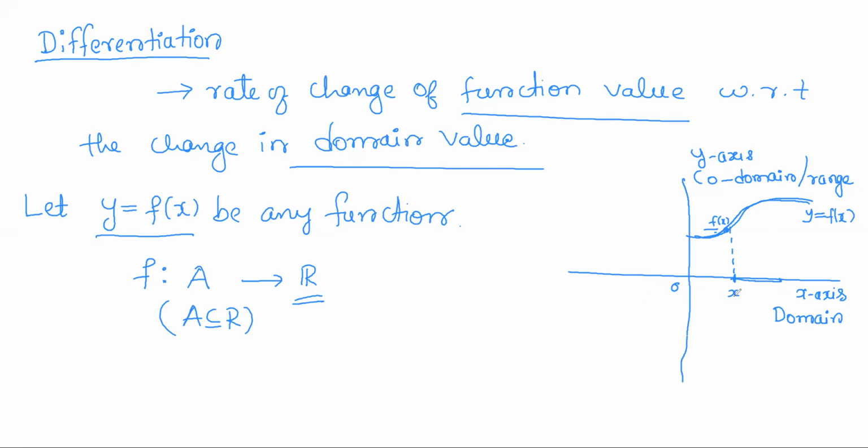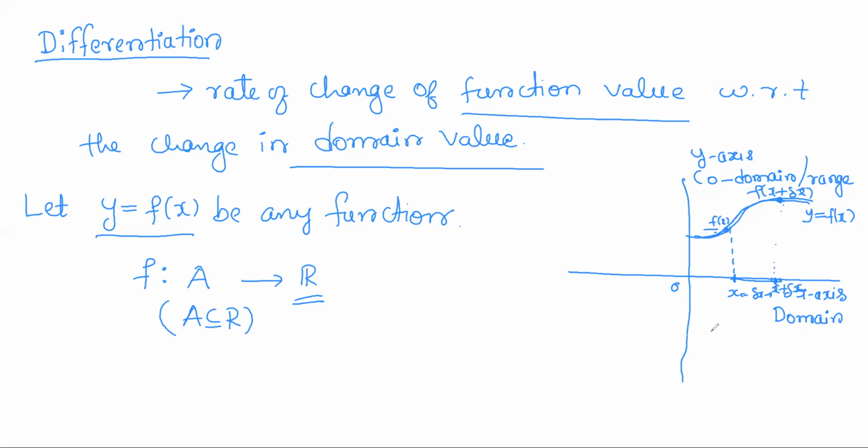So x is the initial domain value. So for that, I'll give an increment of delta x. I'll add a value delta x to x. So what will be the resulting value? X plus delta x. So now corresponding to this x plus delta x, what will be the function value? It will be f of x plus delta x.